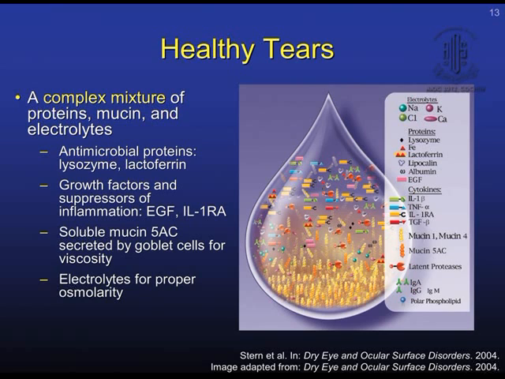And this is a healthy tear, how it looks, beautifully described, with the antimicrobial activity and the growth factors, and the goblet cells, which are responsible for the viscosity of the tear film, and also the electrolytes.